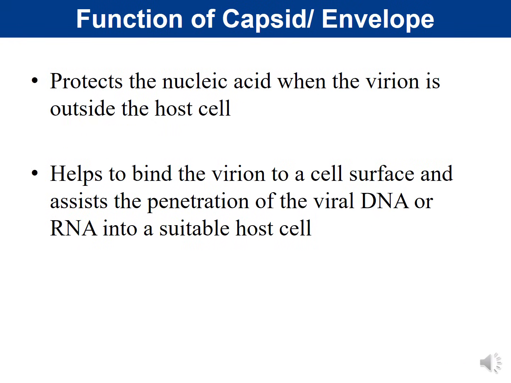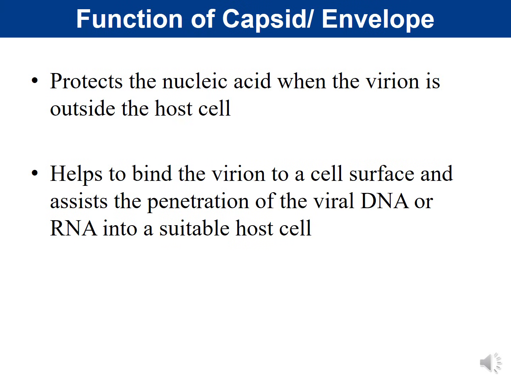So for the function of the capsid and the envelope, both are used to protect nucleic acids when the virion is outside the host. Basically, again, think of it almost analogous to an endospore, right? The outside structures are there to protect the genetic information.